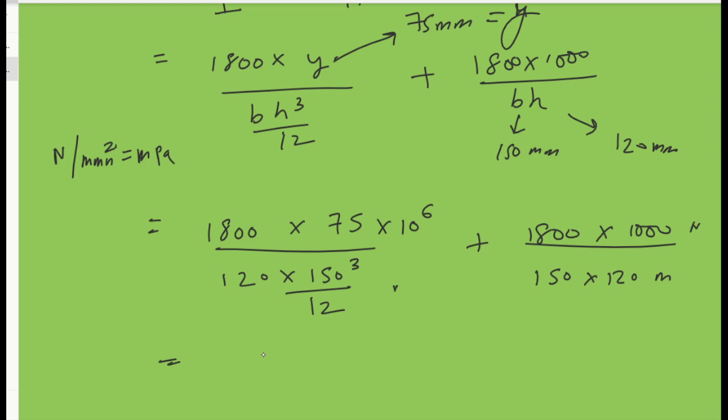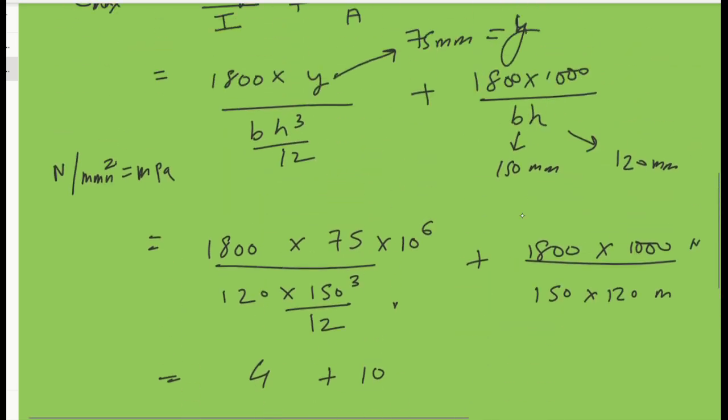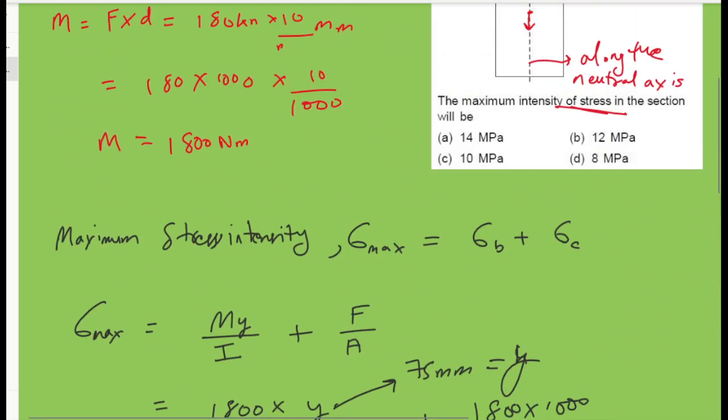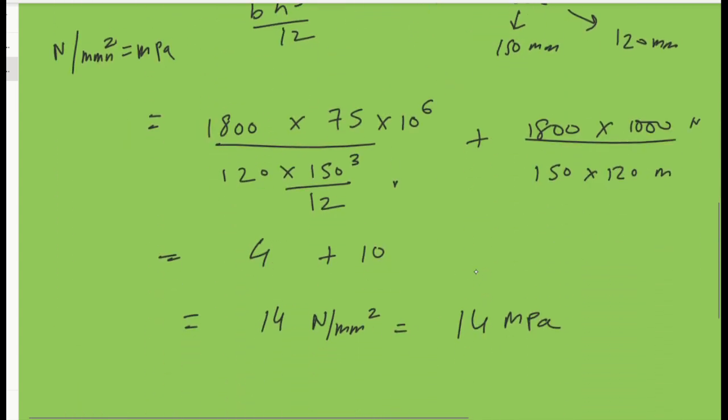After solving, we get 4 plus 10, which is 14 Newton per square millimeter, which is our 14 MPa, and this will be our correct answer, A. The calculation part you can easily solve. I'm not focusing on the calculation part, but our focus.